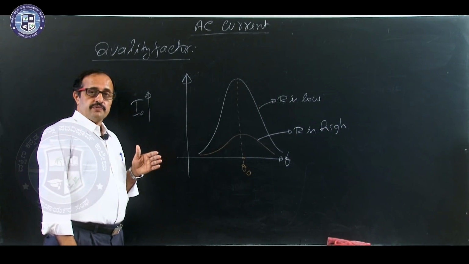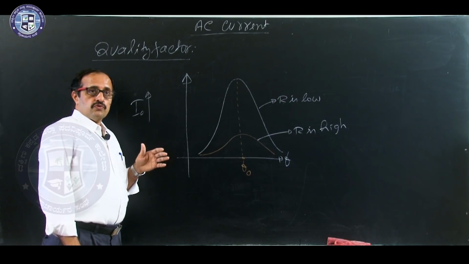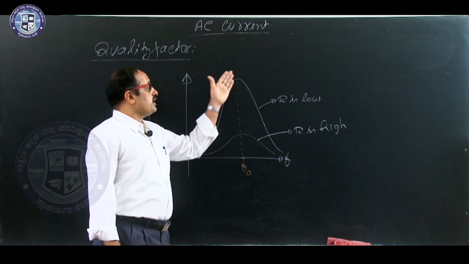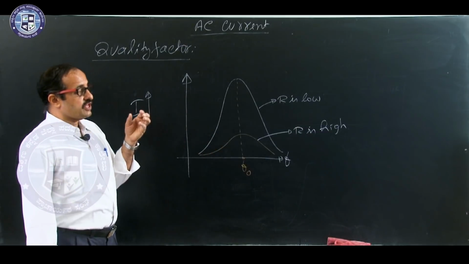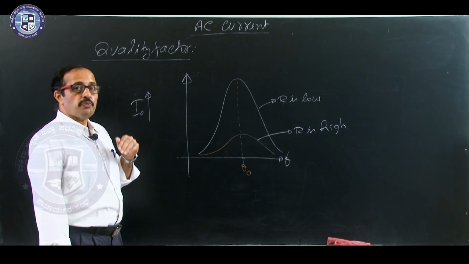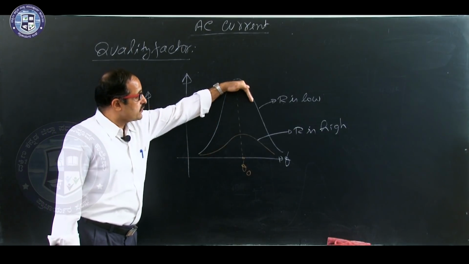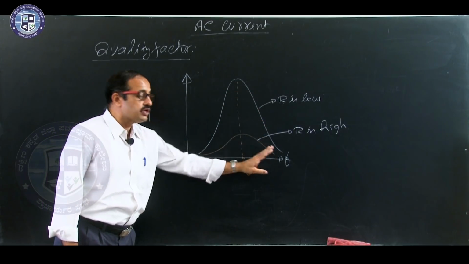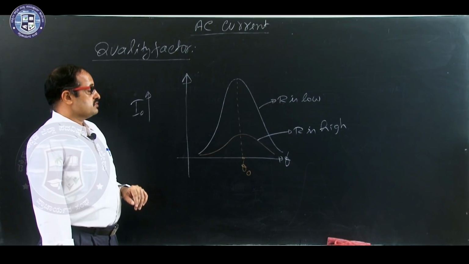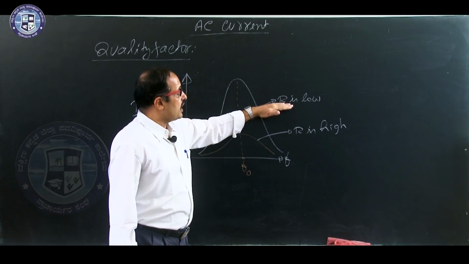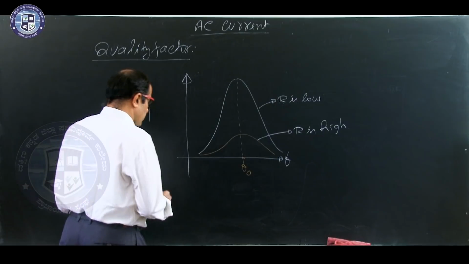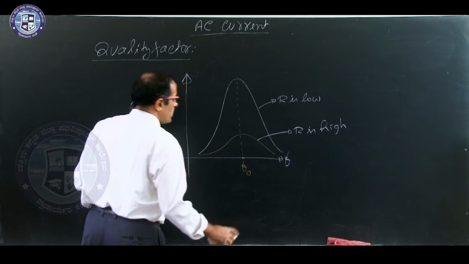Therefore, it is very clear that for a high quality factor, resistance of the LCR circuit must be very small. Then only the graph will be more steepened and it quickly declines beyond resonant frequency. So, one thing is very clear, if R is small, quality factor is higher. Now, how to calculate, that is the question.